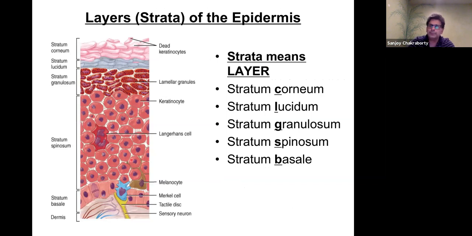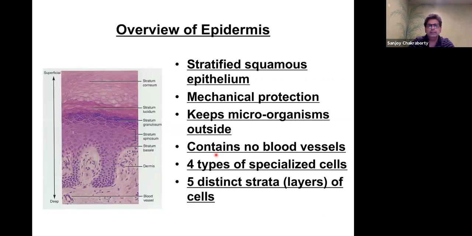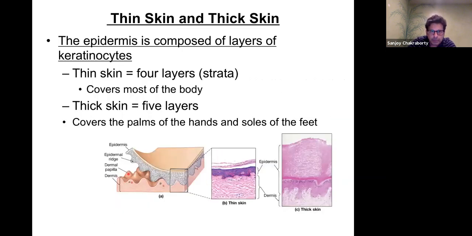Now, these are the epidermal ridges that I was talking about. If you look at this, these are dermal papillae, and those are epidermal ridges. Papilla means a nipple-like structure, that's why the name. These dermal papillae get into the epidermal ridges, so they're interlocked.